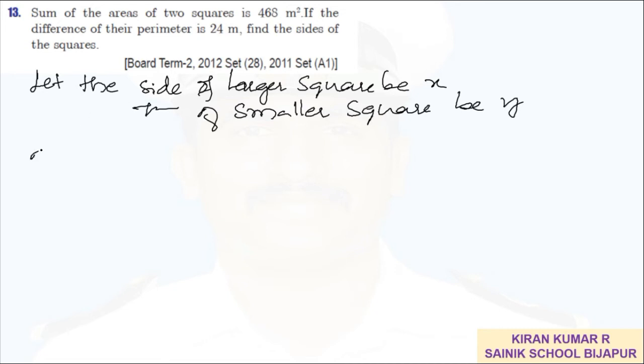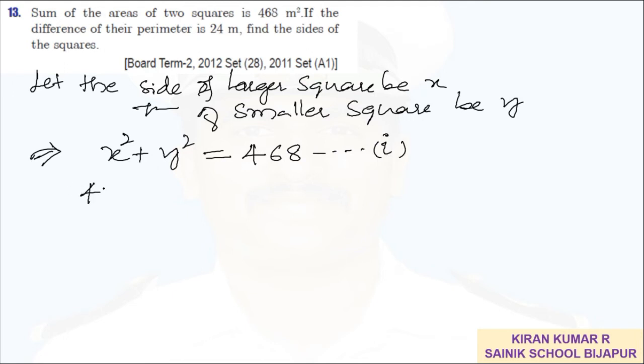According to the condition, they have given that x square plus y square, sum of the areas, is 468 meter square. Let this be equation 1. And they have also given that the difference of their perimeter, which is 4x minus 4y, is 24 meter.